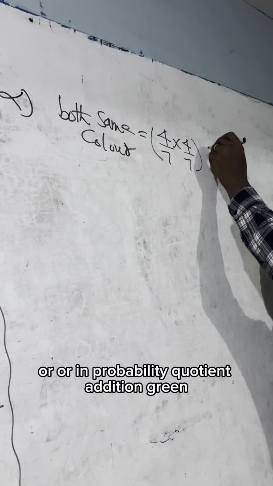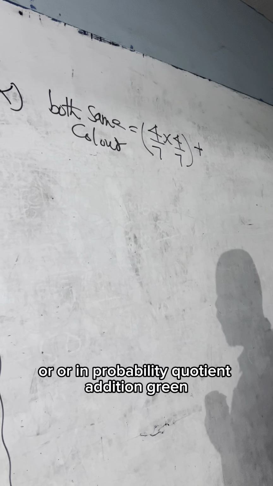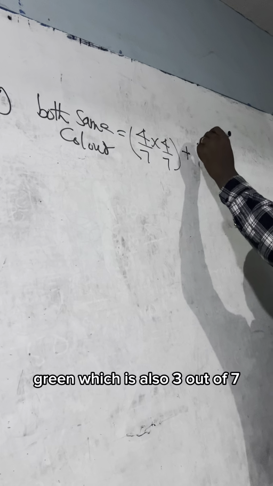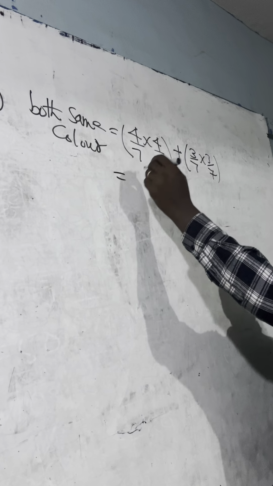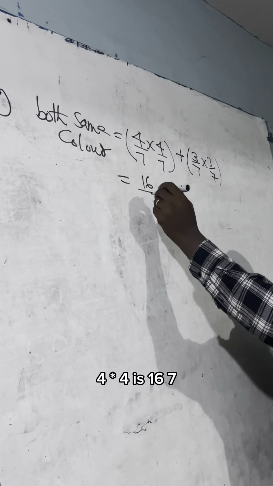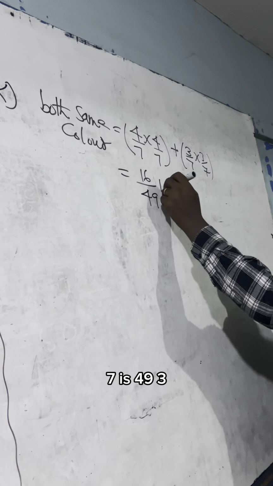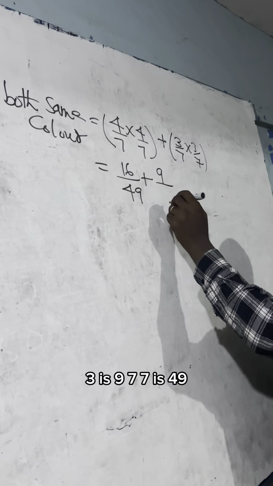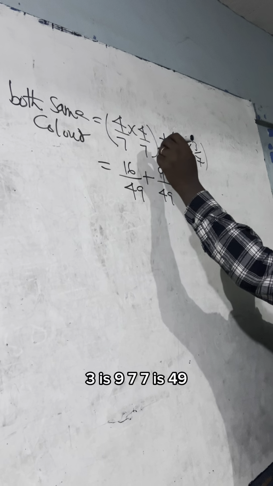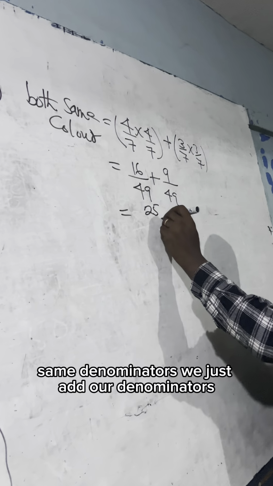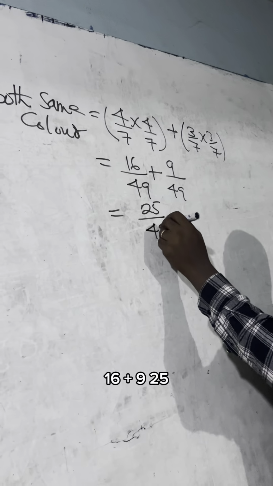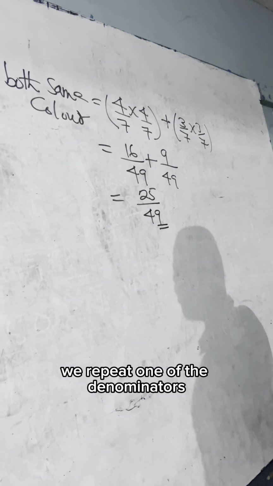Or, in probability, "or" connotes addition. Green, green, which is also 3 out of 7, 3 out of 7. 4 times 4 is 16, 7 times 7 is 49, 3 times 3 is 9, 7 times 7 is 49. Same denominators, we just add our numerators. 16 plus 9, 25. We repeat one of the denominators.